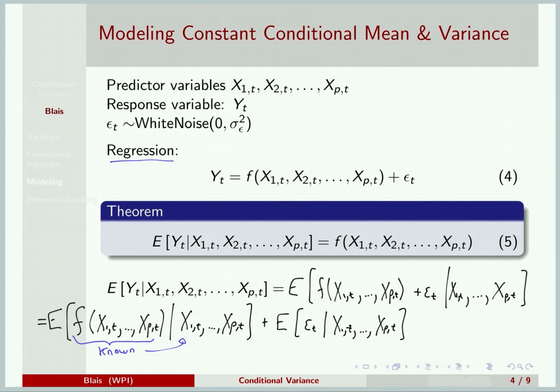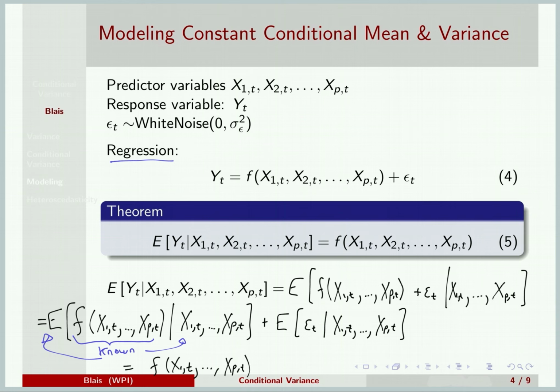And so we use that property that it can be taken out of the expectation. This first term would be f of x1t to xpt times the expectation of 1 given this other information, which is just 1. So this becomes f of x1t up to xpt.